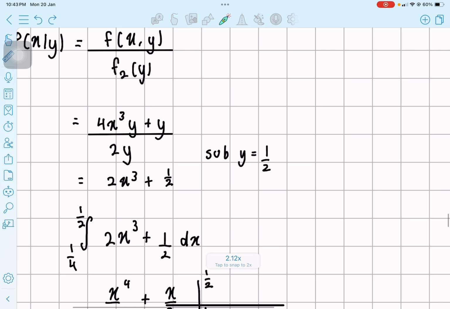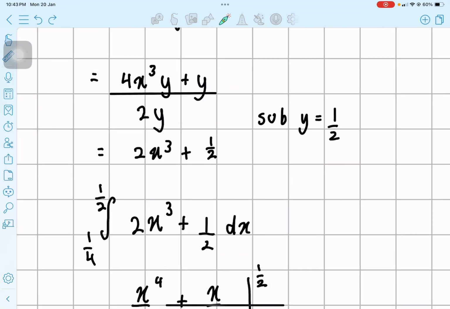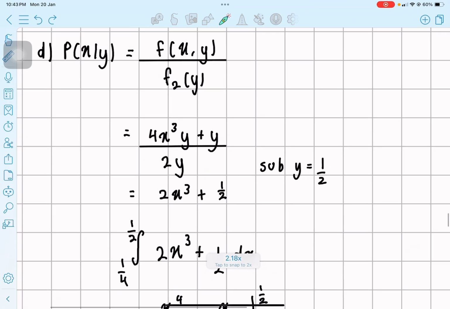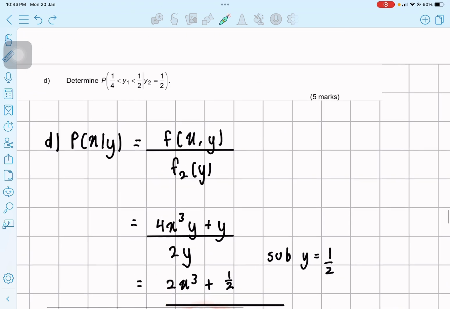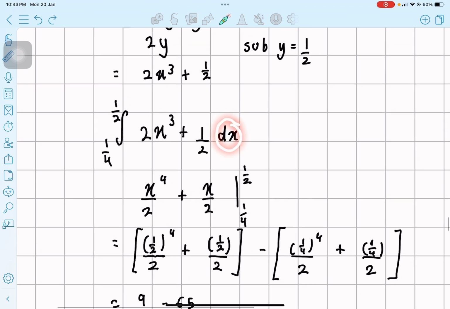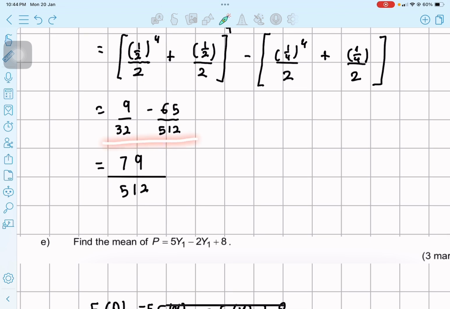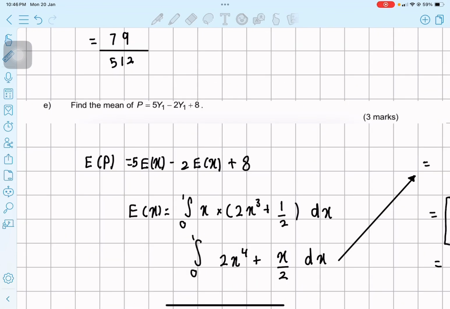Then I substitute y equals 1/2 because it is given that y2 equals 1/2. I'll get 2x cubed plus 1/2. I'll integrate it from 1/4 to 1/2 with respect to x. I've got 9/32 minus 65/512, which after we solve this gives 79/512.